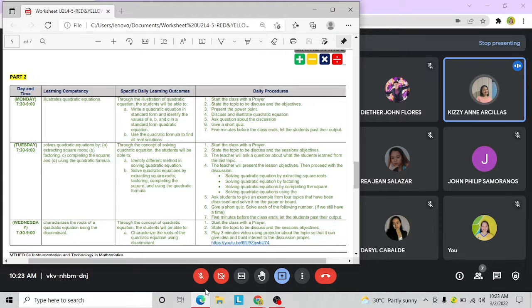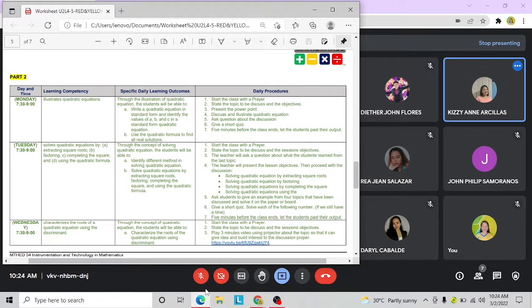The discussion flow is solving quadratic equations by extracting square roots, solving quadratic equations by factoring, solving quadratic equations by completing the square, and solving quadratic equations using the quadratic formula.